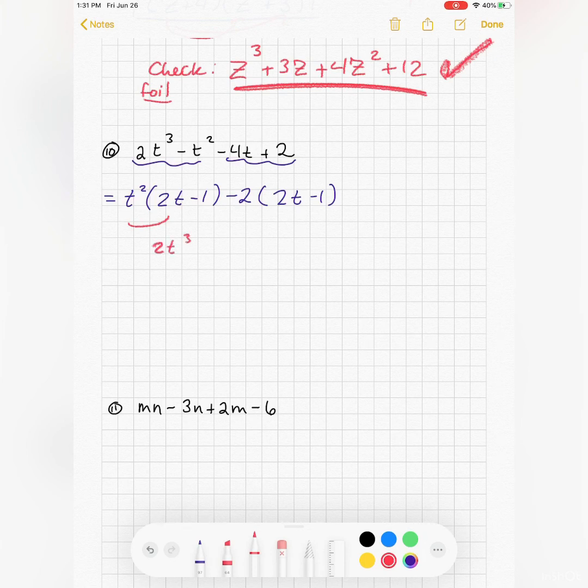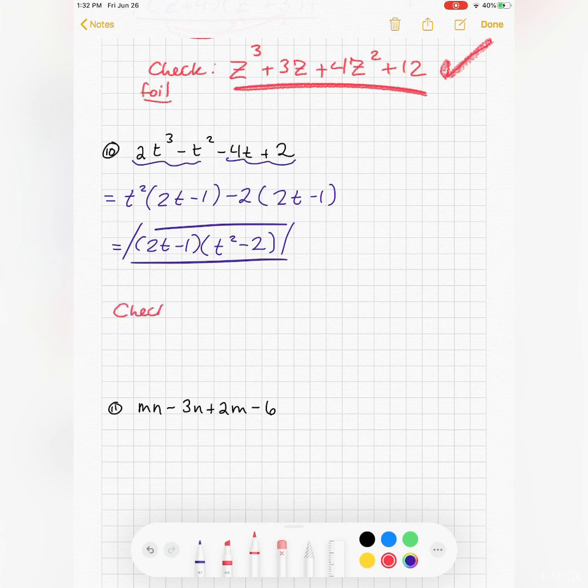So that'd be 2t cubed minus t squared minus 4t plus 2. That looks correct. Okay, now I can take that 2t minus 1 out as a GCF, greatest common factor, and I'm left with t squared minus 2.